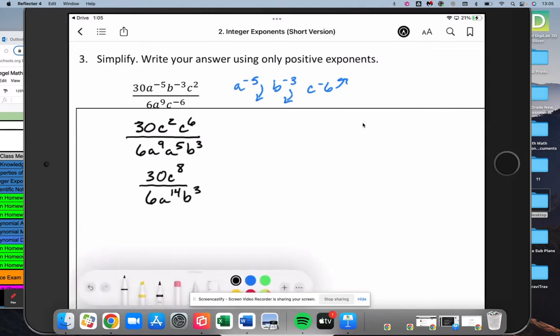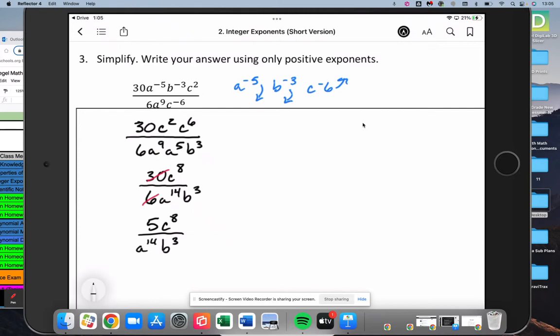And then the last thing that I need to notice is that I don't have any variables that are common in the numerator and denominator, so there's nothing to cancel there. But I do have a 30 and a 6 that can divide each other and make a 5c to the power of 8 over a to the 14, b to the 3rd. And that's going to be it for number 3.